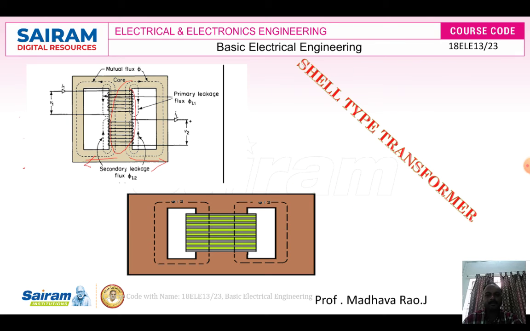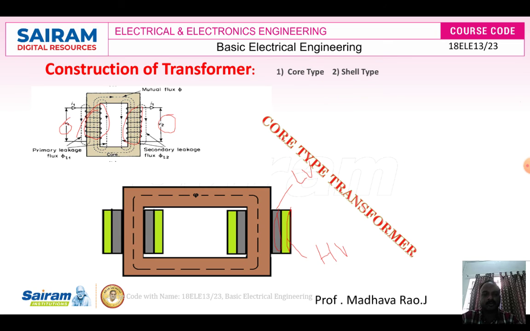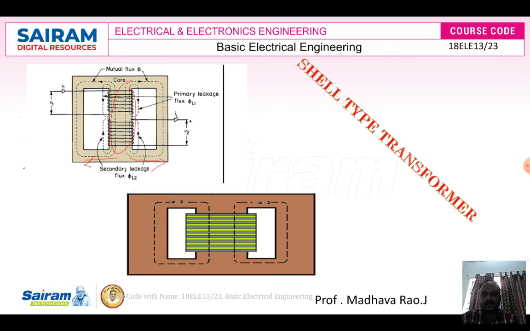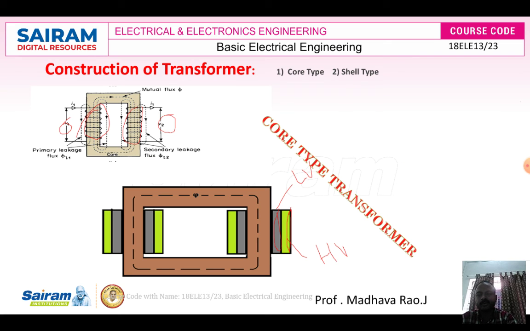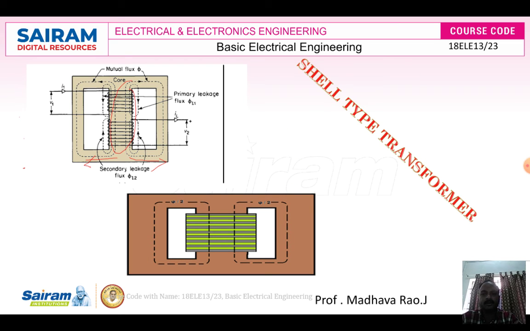Coming to the shell type, it has three limbs. You can observe the differences between these two transformers. Here this has two limbs, and this has three limbs. In this, the core is surrounded by the winding. It has two magnetic flux paths. The central limb divides the magnetic flux into two ways.